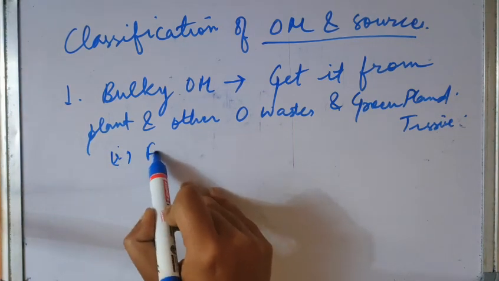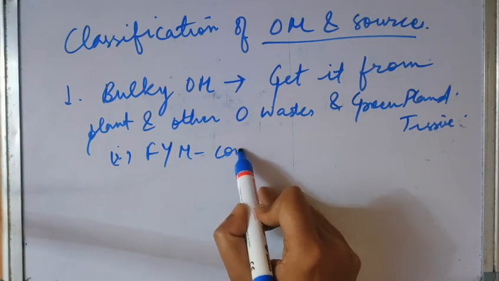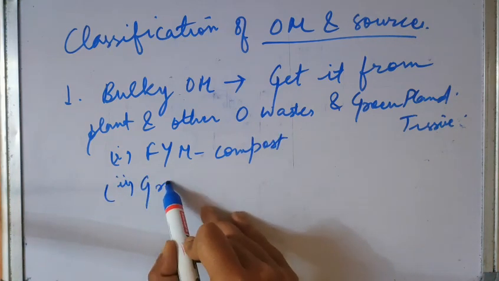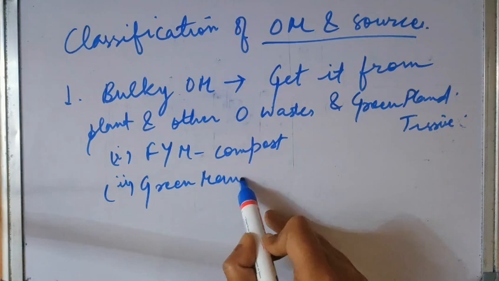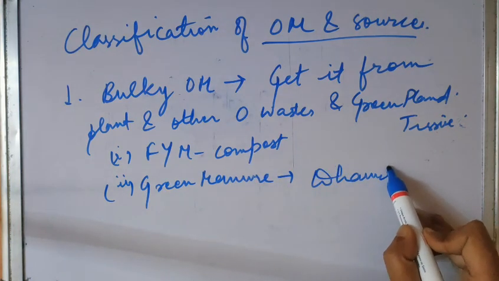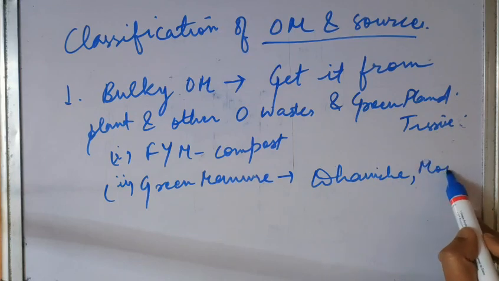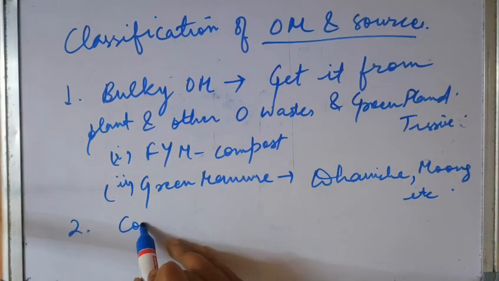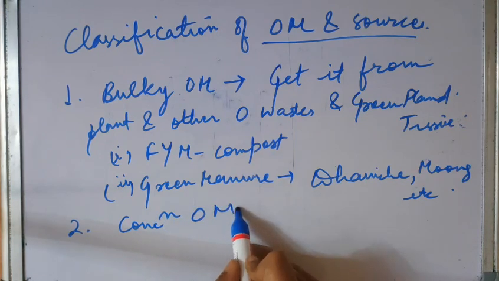Number one is FYM, that is compost. Another one is green manure, that is dhaincha, moong, etc. Next is concentrated organic manure.